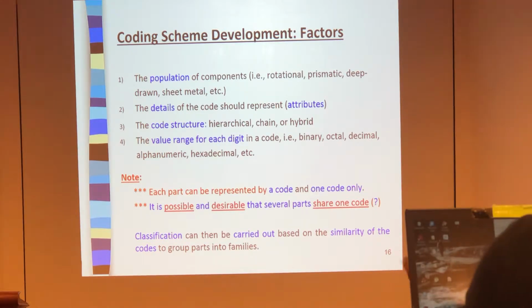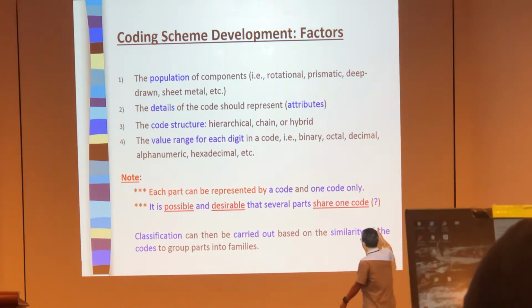Its own drawing is definitely 100%, right? And once you represent it using a simple code, no matter how long it is, it is still kind of discrete. It's an abstract of the original set of information. So that's why it's possible that more than one part shares the same code.